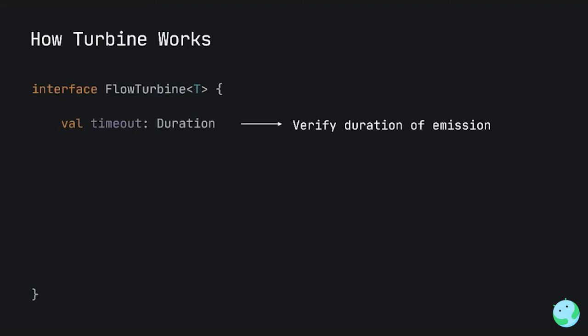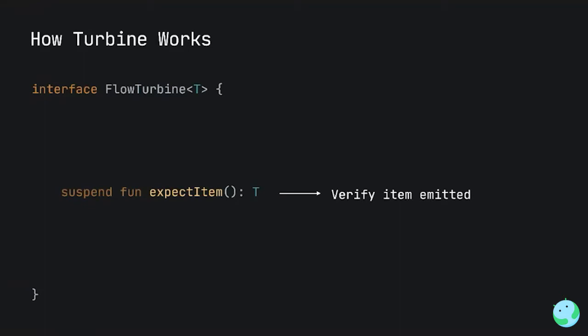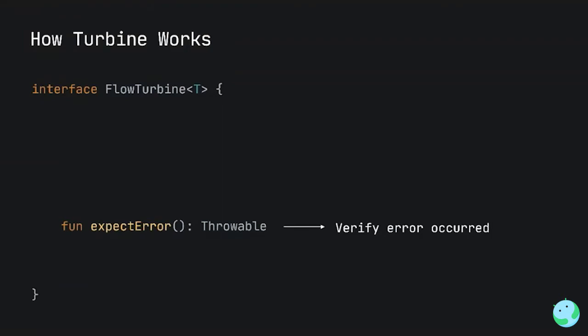You could determine the duration of the emission. You could expect that there may be no events, when nothing was emitted from the flow, and verify that in your test. If something was emitted, you could also verify using this method. If there was an error, you could use this method right here to grab the throwable.